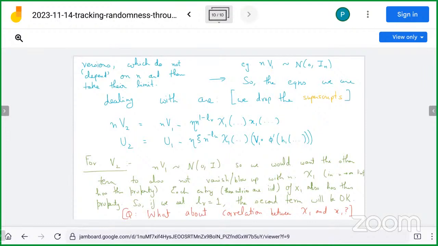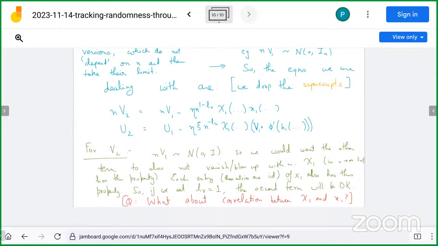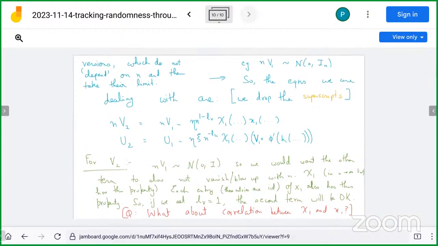But let's do the same kind of heuristic argument for this. So this is, as we argued, some kind of a constant. Again, it depends upon this v extra. This is some kind of a constant. And V1 is like 1 over n.